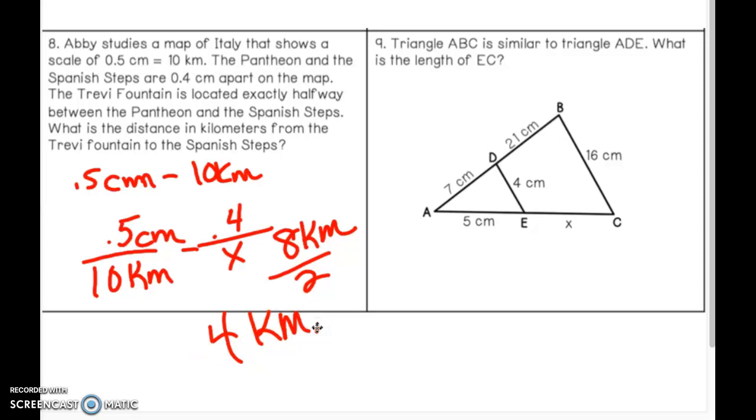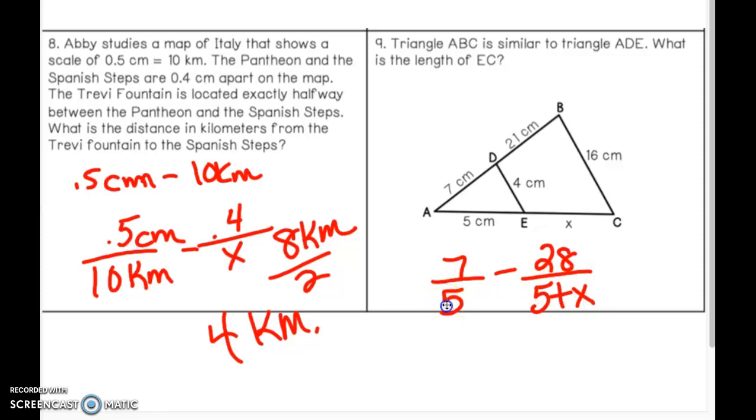And last problem, triangle ABC. ABC is similar to ADE, this little small one on the inside. What is the length of EC? So we're looking for this. So we want to find 7 over 5 is equal to 28 over 5 plus x.